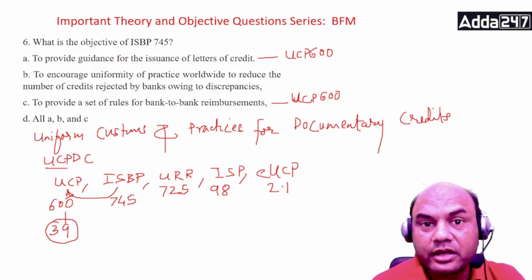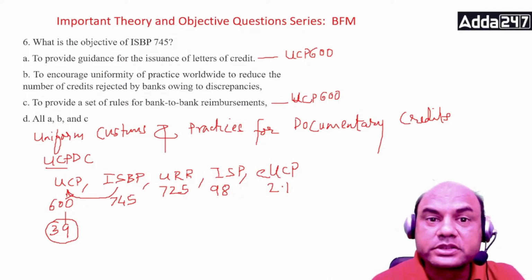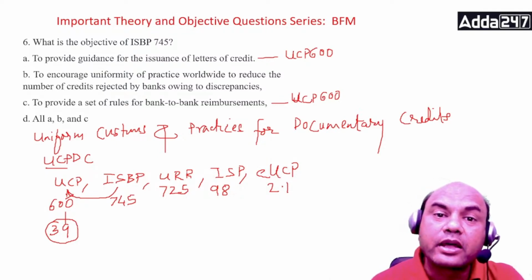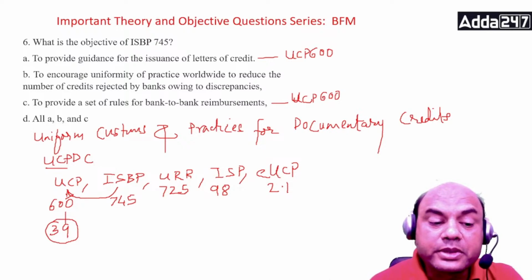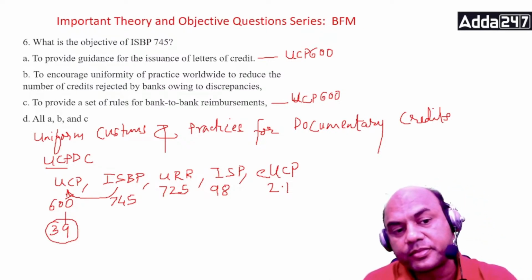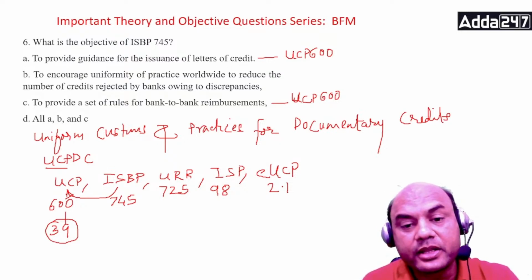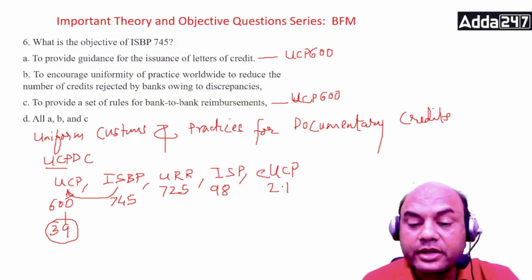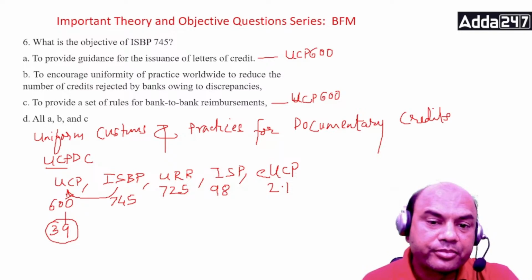Like our regular laws, anyone can interpret them in their own language, but there should be some guidance to bring uniformity in this interpretation. To bring that uniformity, ISBP has been brought in.